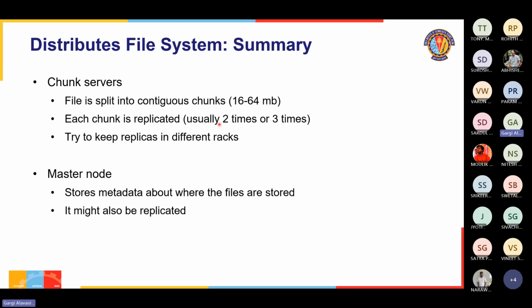Each chunk is replicated usually two or three times, and you try to keep these replicas in different racks, not on the same rack. There will be a master node which has the metadata about where these files are stored, and you might also replicate this master node to avoid a single point of failure.